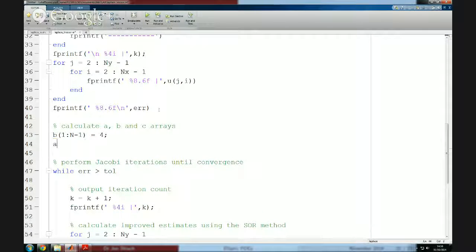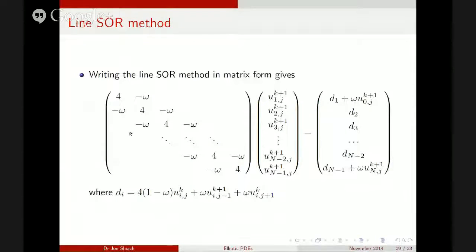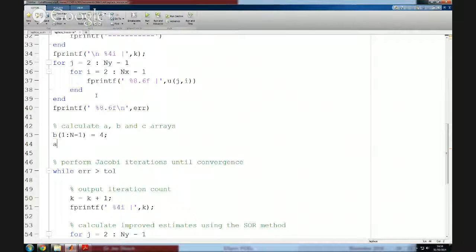Okay, the A values. Now I'm just going to go back to this one here. B1 is 4, B2 is 4. A1 would be up here, but it's not defined. So A goes from 2 to n minus 1, we don't have a value of A1, and that's equal to minus omega.